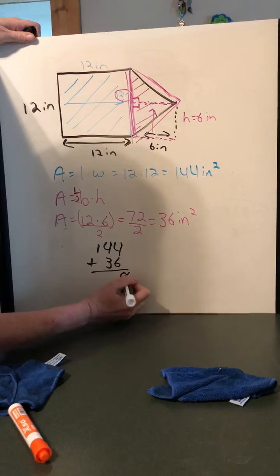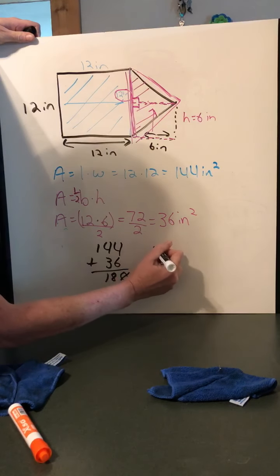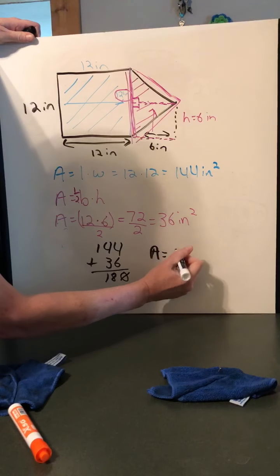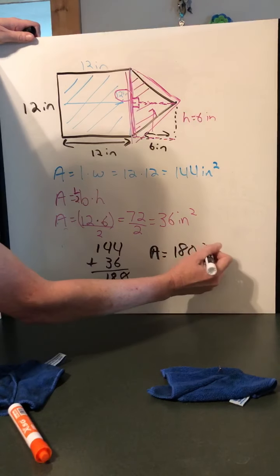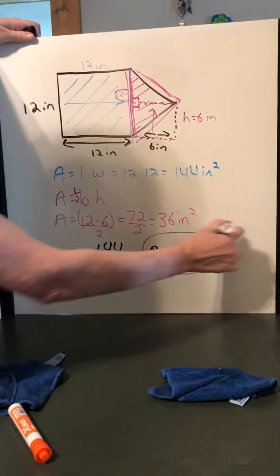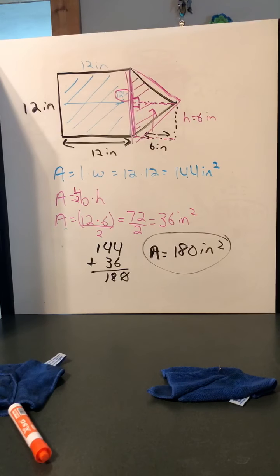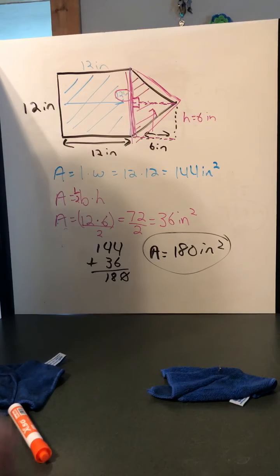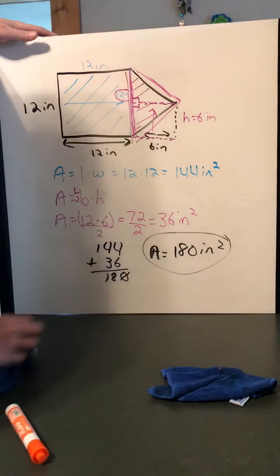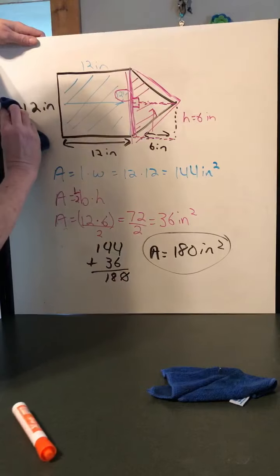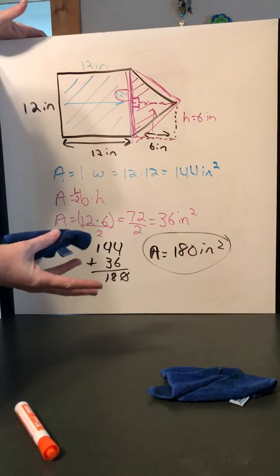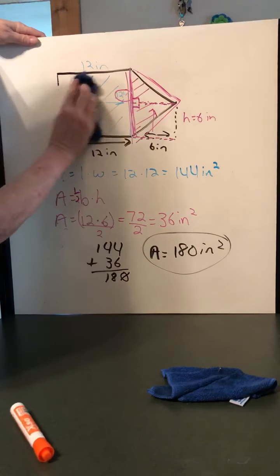I don't have a calculator, so the area of that composite figure is 180 square inches. I know that's a little different, but it's just taking information you learned last week and putting it together to have two areas added together.